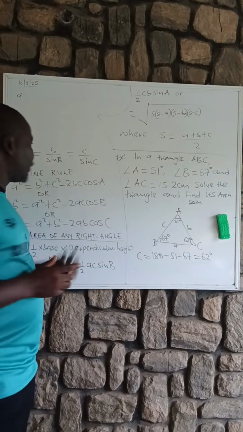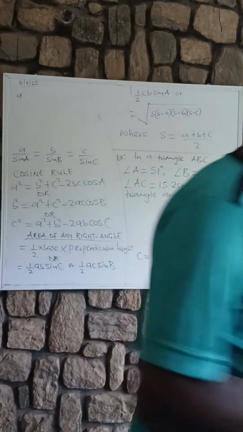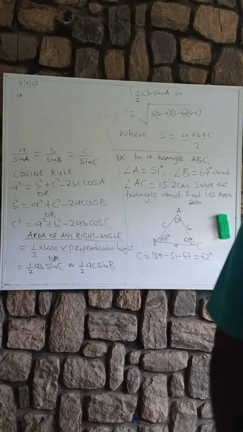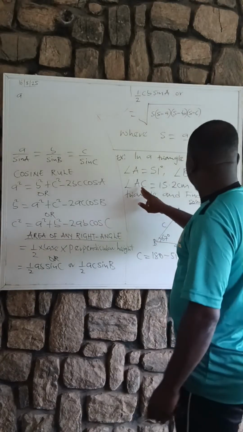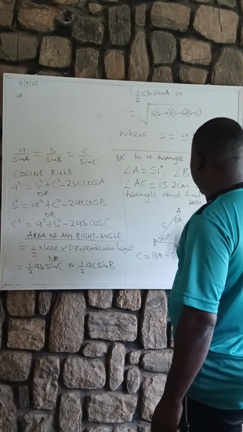Somebody should tell us, how can we obtain a or b? Here it stated that side AC is equal to 15.2 cm.